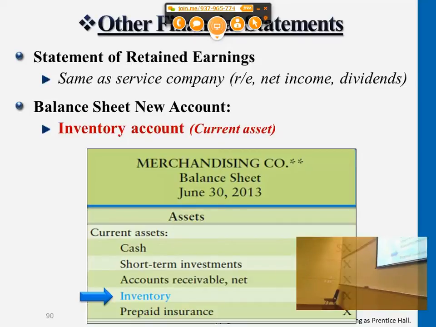Okay, don't forget inventory is a current asset because we constantly purchase it and then we immediately want to resell it. It's basically on a daily basis. This asset account is not a long-term asset. A long-term asset is in the business for a longer time frame, for more than a year. Okay. Inventory, we basically want this to turn into profit. So it's oftentimes resold to customers very quickly.